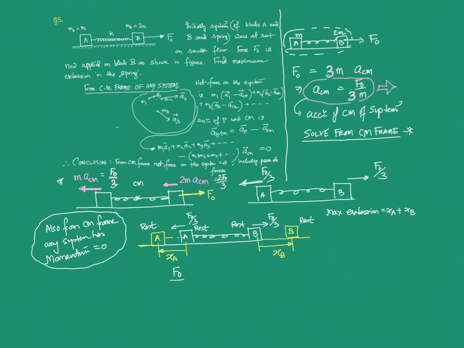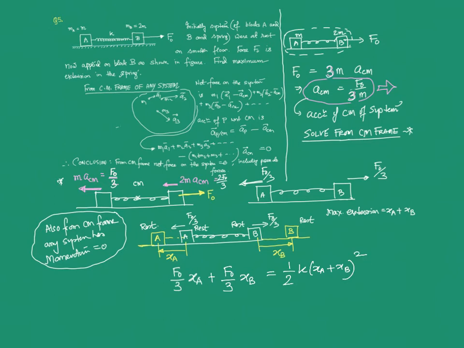F naught by 3 multiplied by XA, work done by this force, plus the work done by this force, F naught by 3 multiplied by XB, equal to the change in potential energy, half K into (XA plus XB) square.